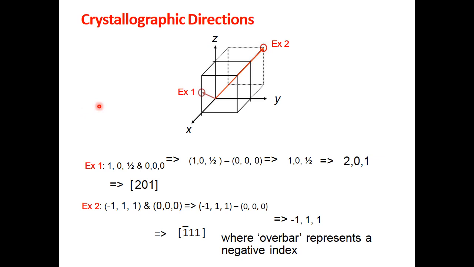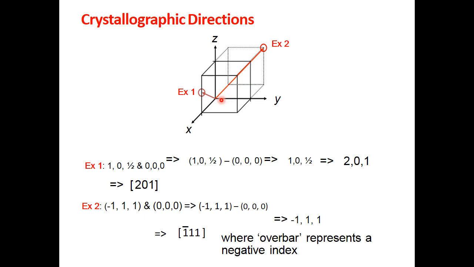Now let's see how to obtain the Miller indices of a direction in 3 dimension, 3D. So here we have two examples. Example 1, this red colored line, and example 2, the other one, this red colored line.